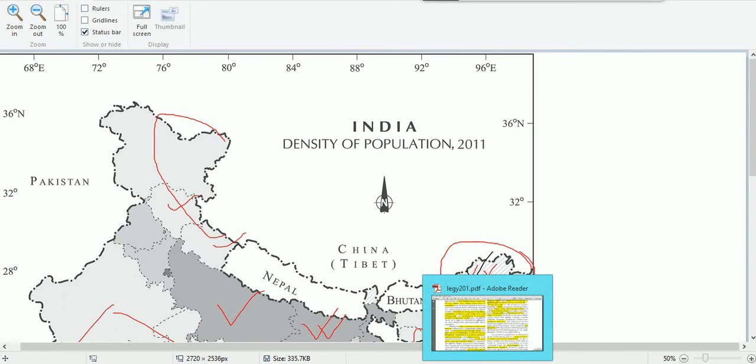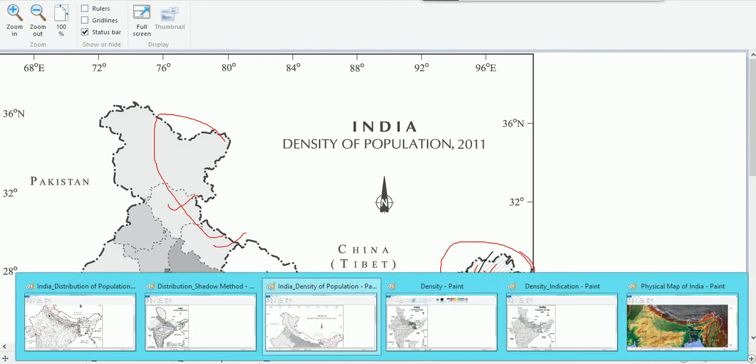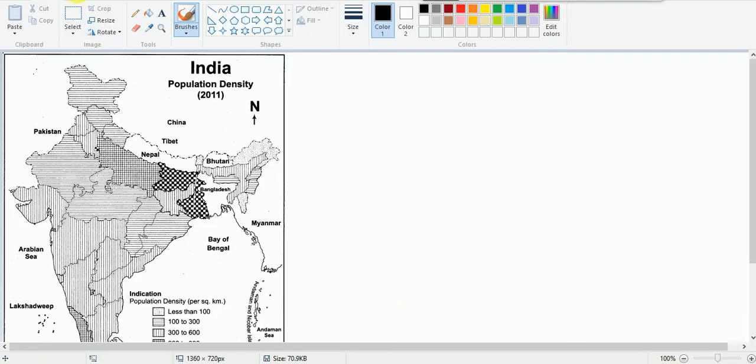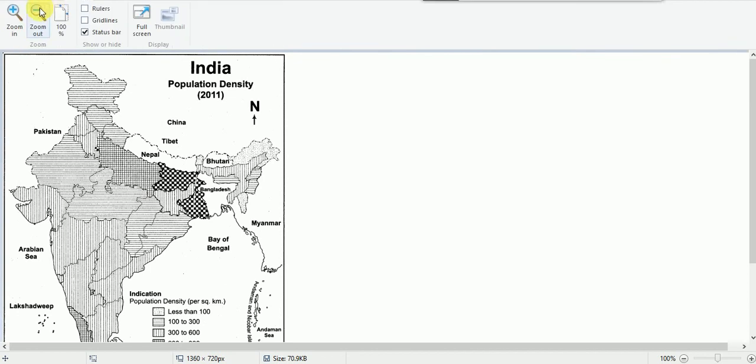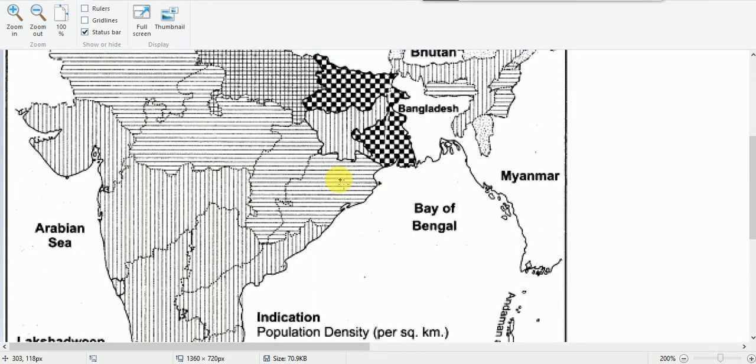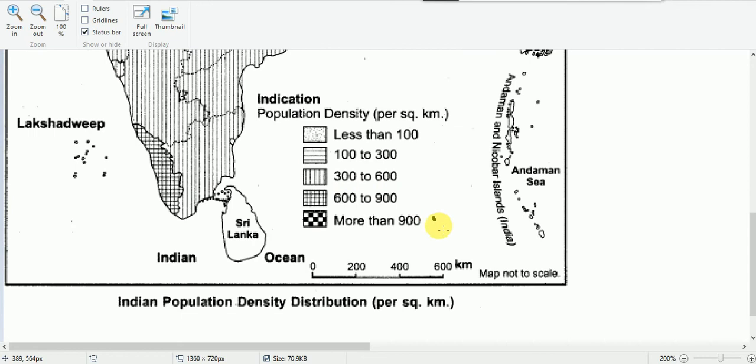And to have a clear picture, we have another density map here. See, it is represented in a different way, but still you will find the same picture.